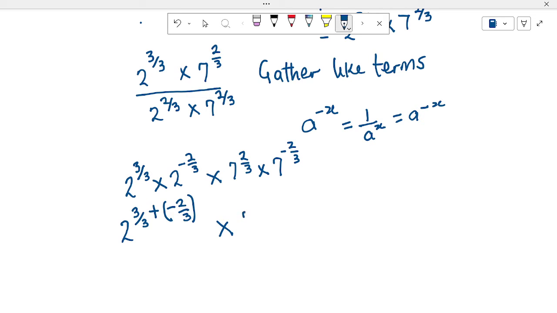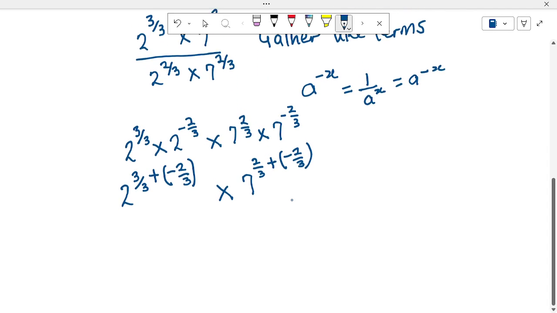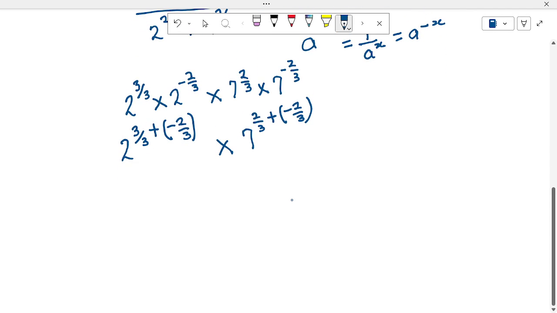Times 7 raised to power 2 all over 3 plus minus 2 all over 3. We get that step. Look at it very well. There is no magic there. It's simply taking it one by one and following the principles. Study it very well.